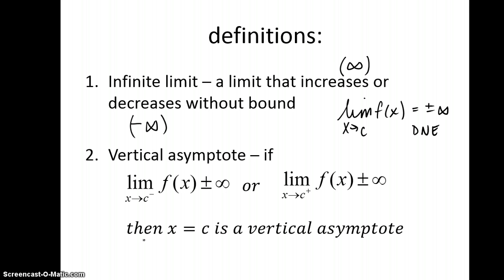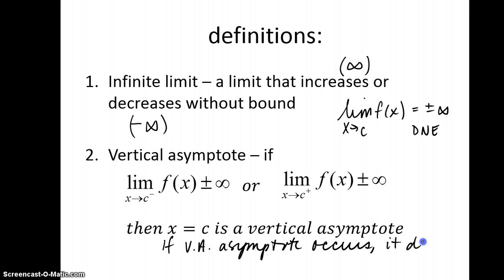Okay, if a vertical asymptote occurs, it does so at a domain restriction. Okay, an asymptote is a type of discontinuity.